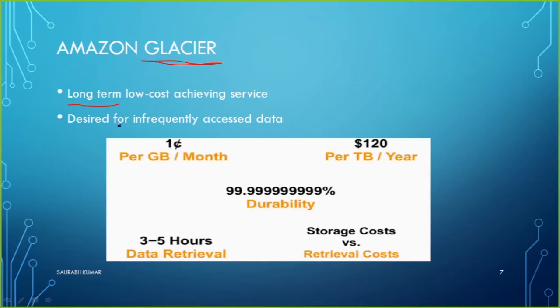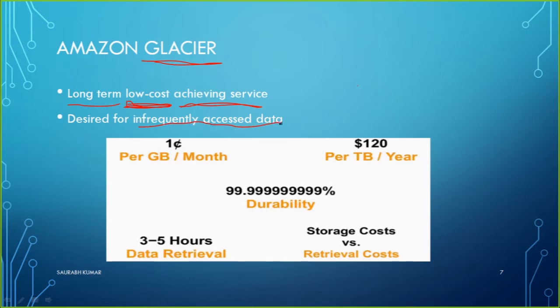It gives you storage at lower cost because you are not going to retrieve data there every time. It is a Glacier where you are just keeping your data and you retrieve infrequently, and whenever you retrieve, only that time will it cost you. So this is a long-term low-cost archiving service, keeping archive files over there. It is designed for infrequently accessed data.